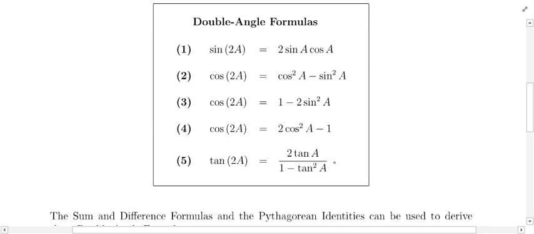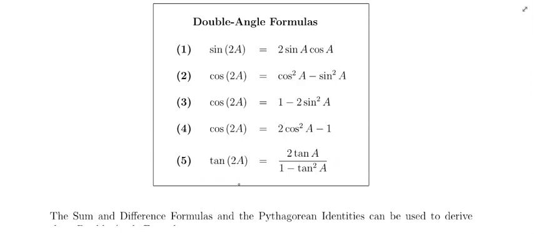And the last double angle formula, number 5, is for the tangent. Tangent of 2A is equal to 2 times the tangent of A all over 1 minus the tangent squared of A.